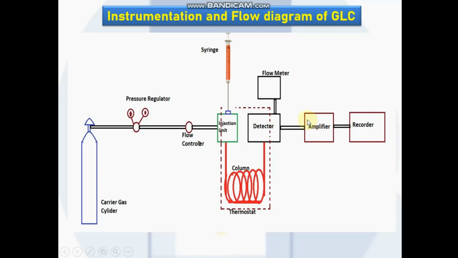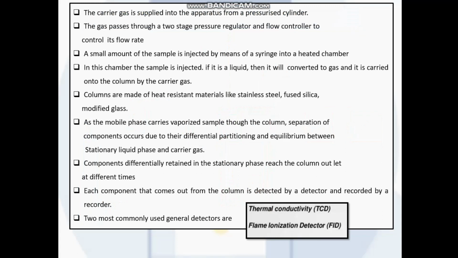The resulting graphical chart consists of separate peaks corresponding to different components that can be very useful in qualitative analysis and quantitative analysis. So these are the things which were already told in the previous slide.